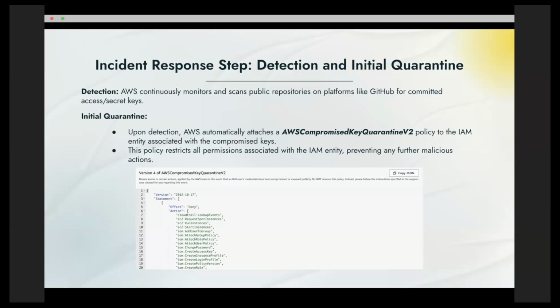Consequently, the IAM entity associated with this compromised key will not be able to perform any operation on any resource within the AWS account. So even if the IAM credentials are compromised, those credentials won't be able to access any resource within your AWS account.